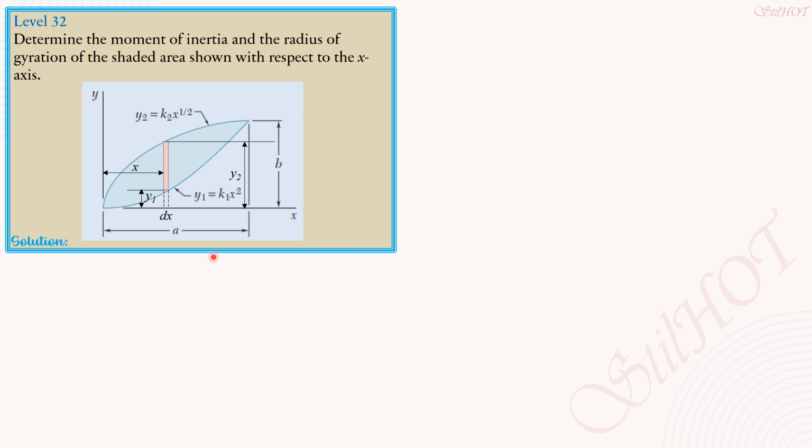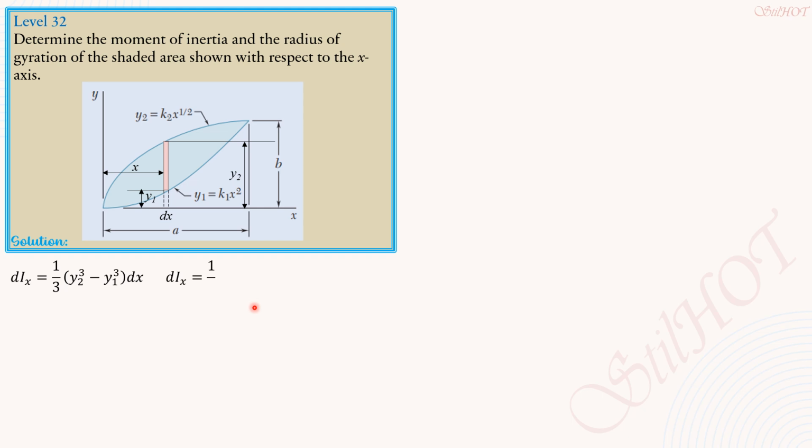And therefore, for differential Ix, we have two strips, one is higher, the other is lower. So differential Ix is equal to 1/3 y2 cube dx minus 1/3 y1 cube dx, or simply 1/3 quantity y2 cube minus y1 cube times differential x. y2 is k2 x to the 1/2.